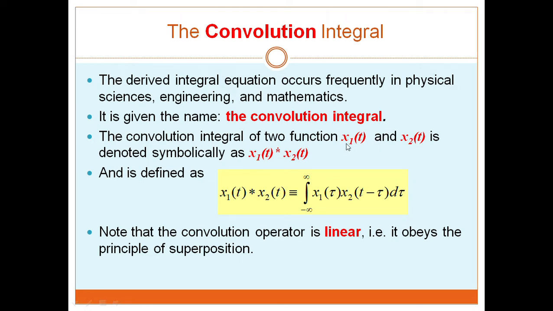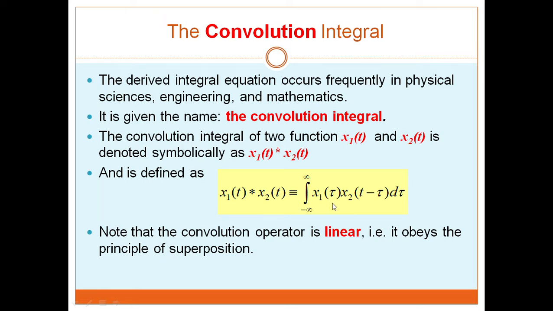Basically, when we have x1(t) and x2(t) as two different functions and we want to convolve them, we put the asterisk symbol here. So it is different from multiplication. What does convolve mean? It means we multiply the first signal with the second signal that is reflected and shifted, reflected by minus tau and shifted by t, d tau, and we integrate it.